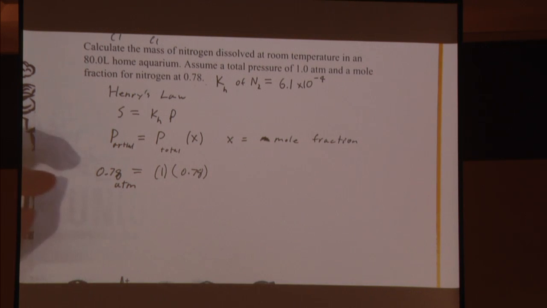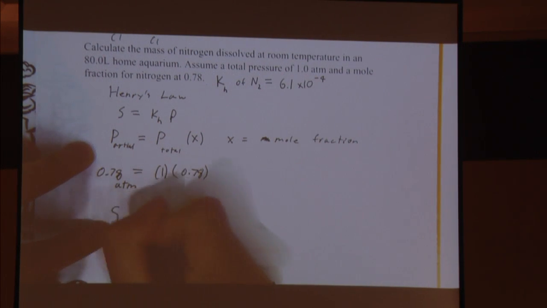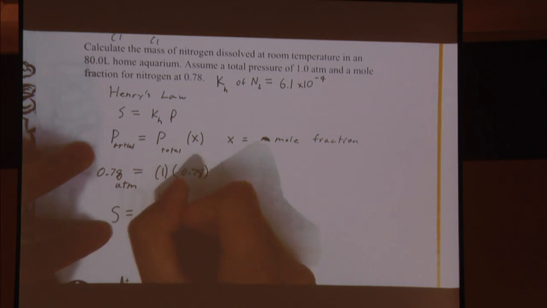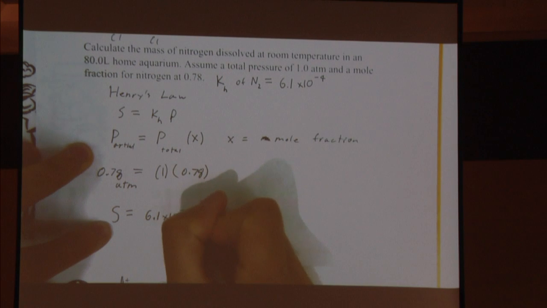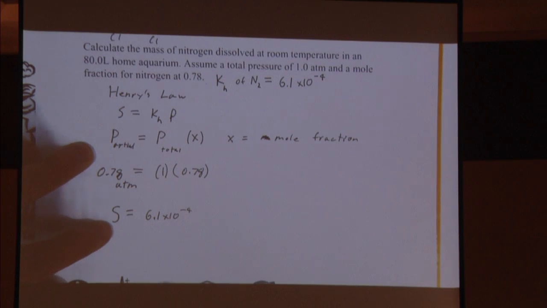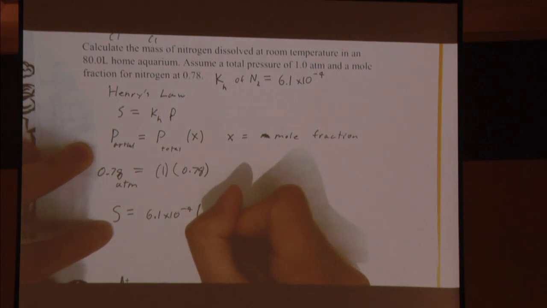Now we can take this and plug that right into Henry's law. So our solubility is equal to our constant, 6.1 times 10 to the negative 4, times our partial pressure.